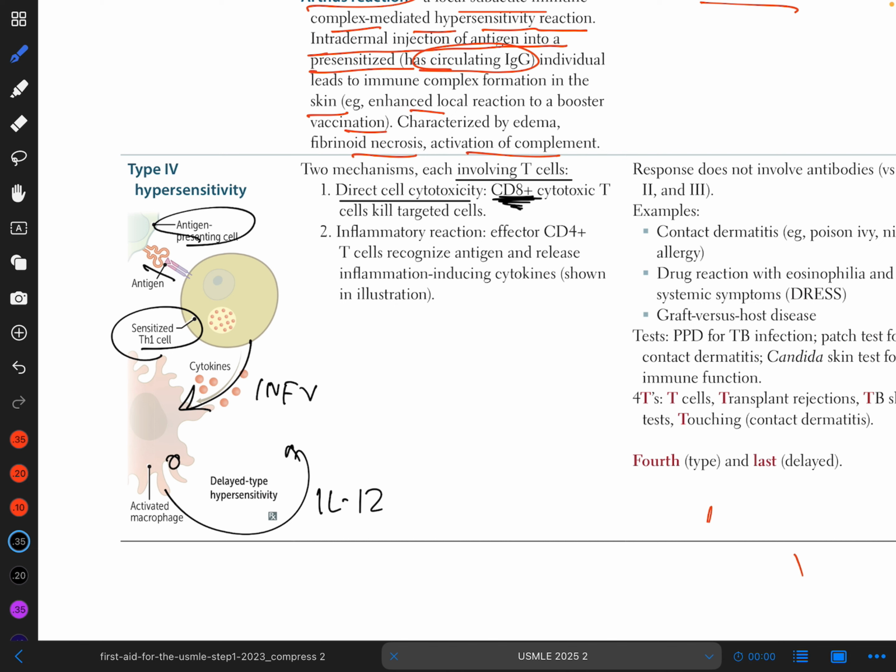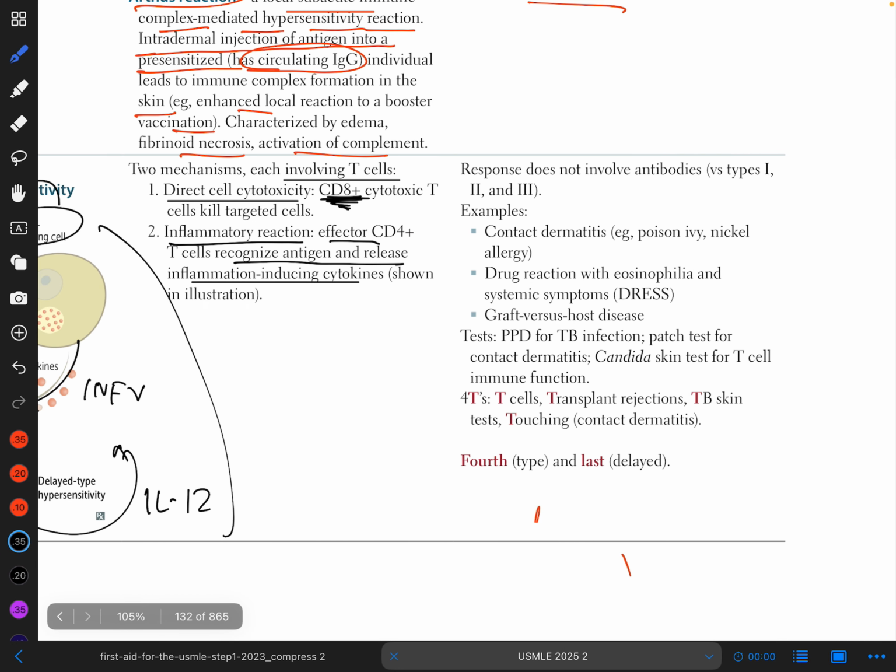They cause erythema and itching in contact dermatitis, where chemicals like oils attach to skin cells. Second, an inflammatory reaction in which CD4 cells recognize the antigen and release inflammation-inducing cytokines, shown in this diagram. These responses do not involve antibodies, as antibodies are used in types 1, 2, and 3.